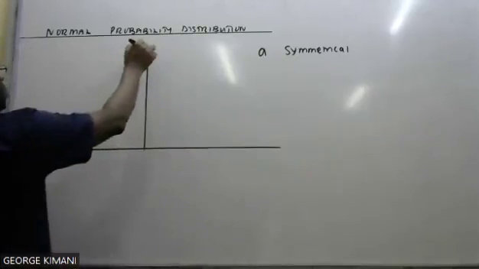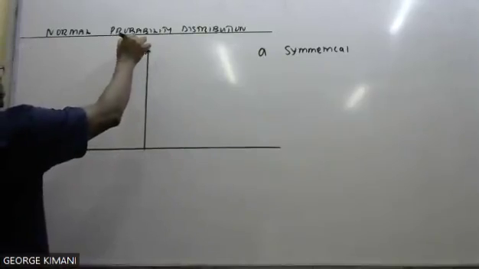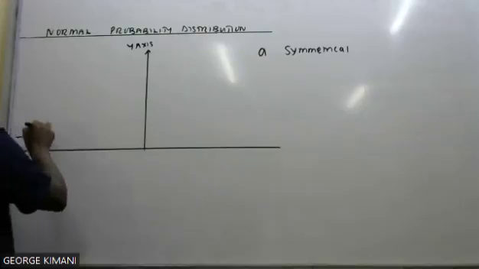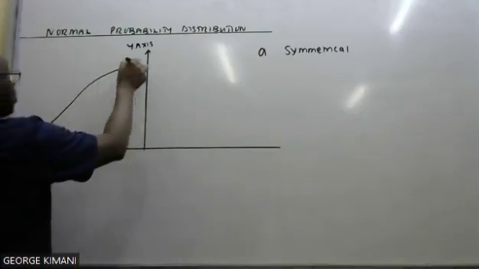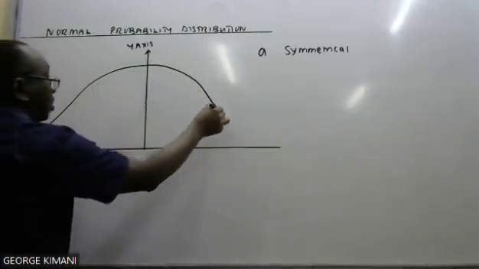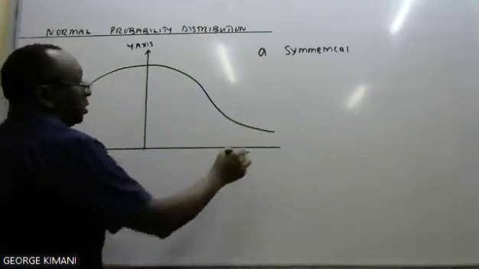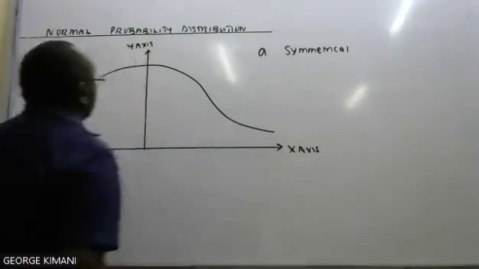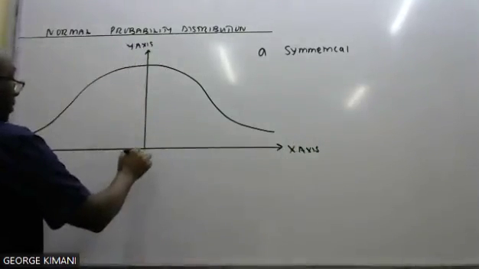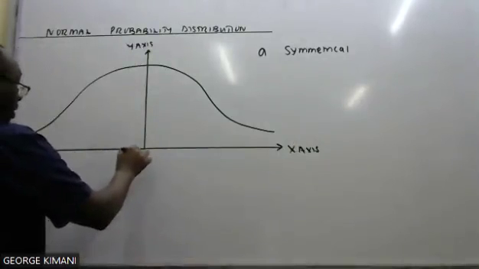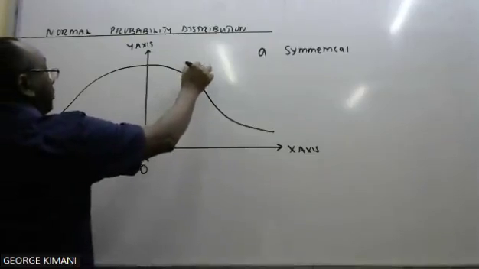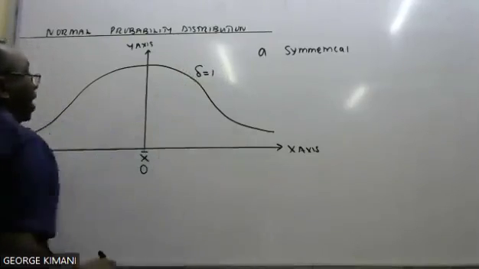This is the y-axis, and this is the x-axis. This is x bar, which is 0 there, and the standard deviation there is 1.